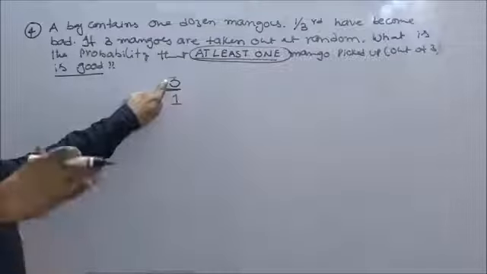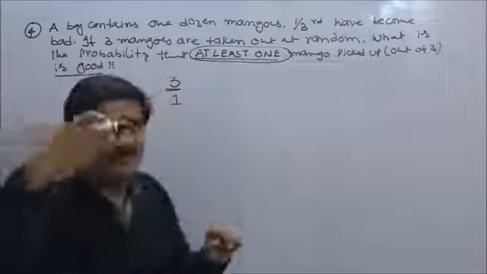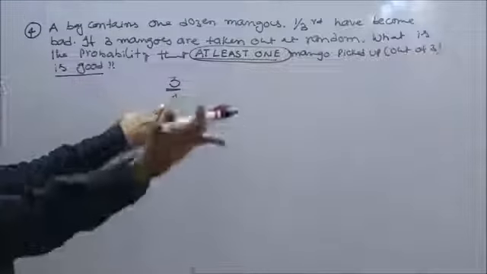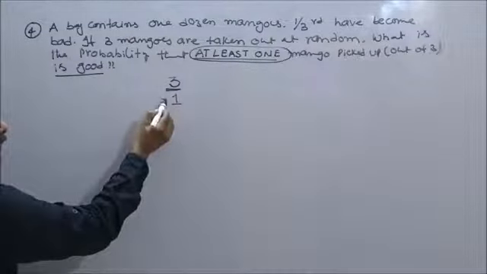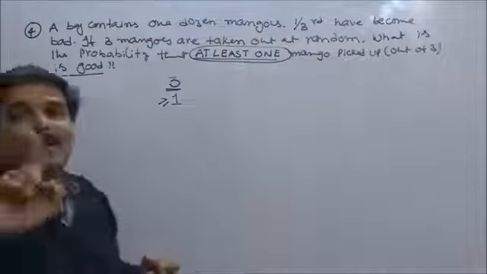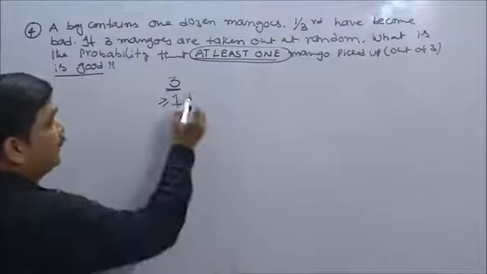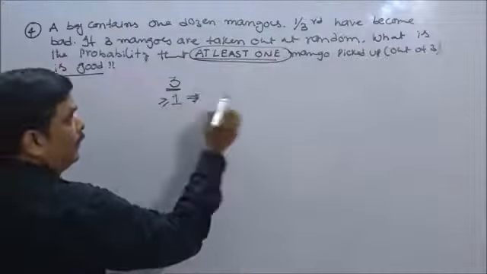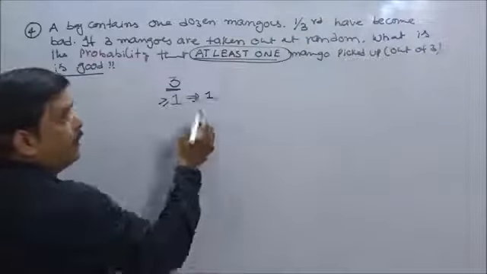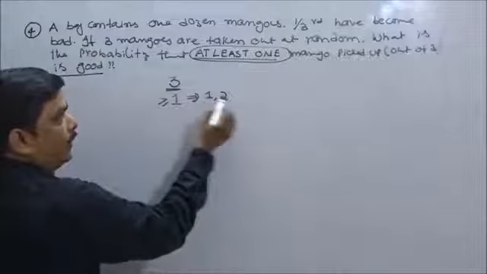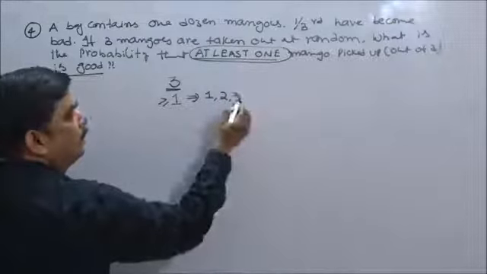Out of the limit 3, greater than or equal to 1 should be good. Means 1 can be good, or 2 can be good out of 3, or all the 3 can be good.